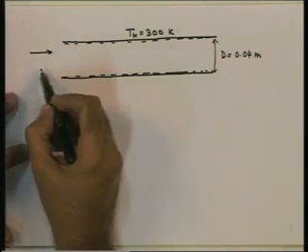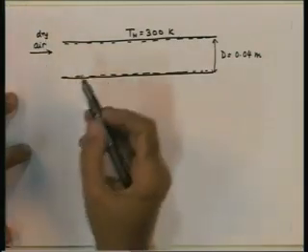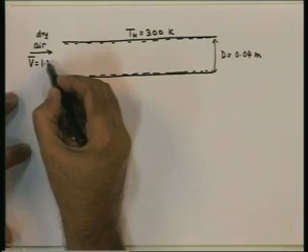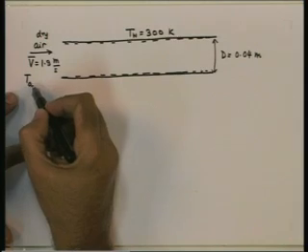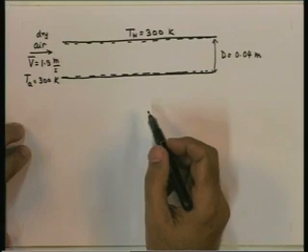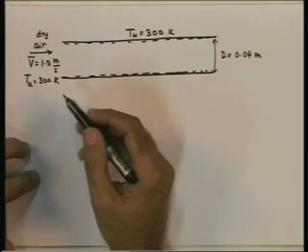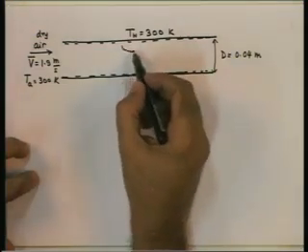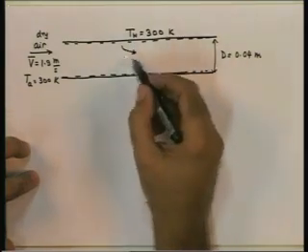Air enters the tube, it is dry air. It enters with a mean velocity of 1.9 meters per second, and the air temperature is also 300 Kelvin. We have to determine the mass transfer coefficient and then the mass flux.